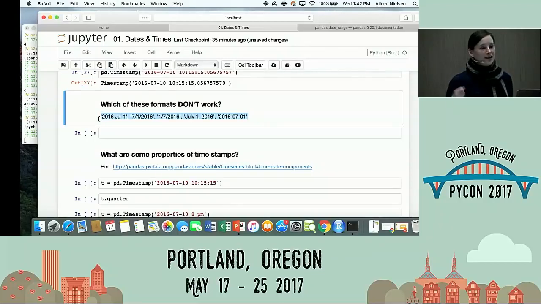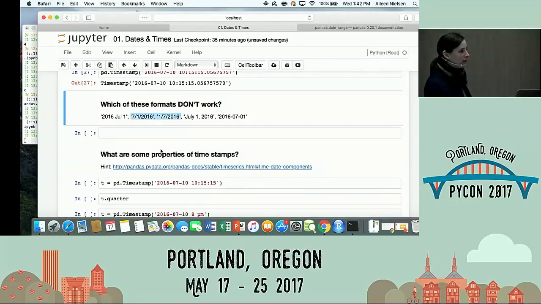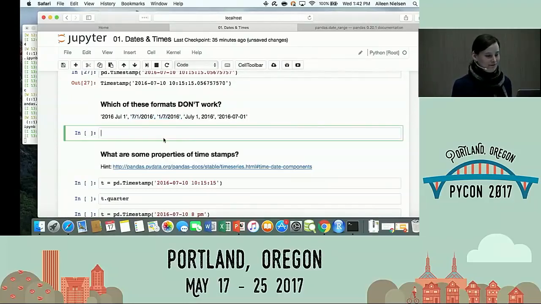But is it going to do it in the weirdo American way or the non-weirdo, non-American way, the rest of the world way? In particular, I'm looking at these. So go ahead and experiment if you have the notebook open and tell me, is Pandas universal or is it this snarky American format? It's American.